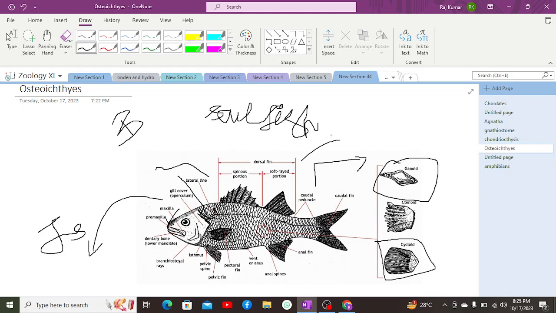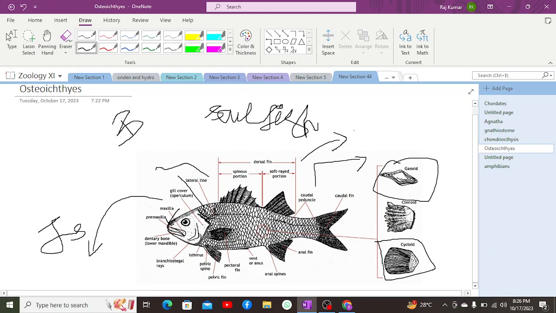These are filled either by its own glands, or if the gills are connected with the pharynx, then the air bladder is filled with the help of the external air which is present inside the water.